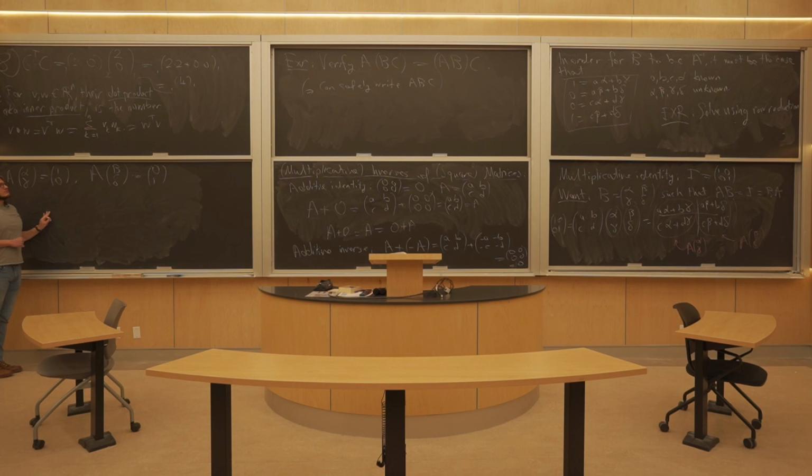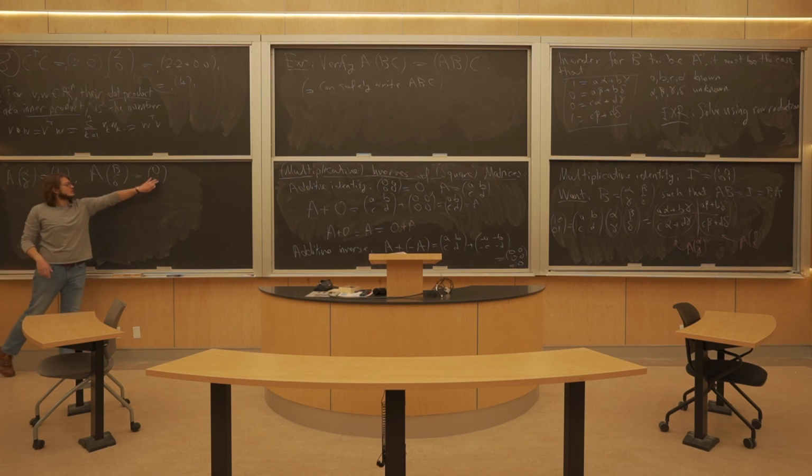But we learned that another way of interpreting these equations is to say that both the vector 1, 0 and 0, 1 is in the span of the columns of A. Okay?